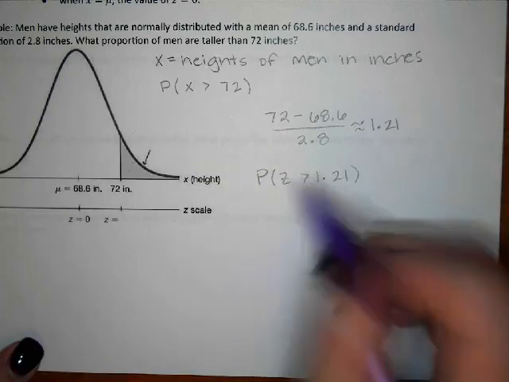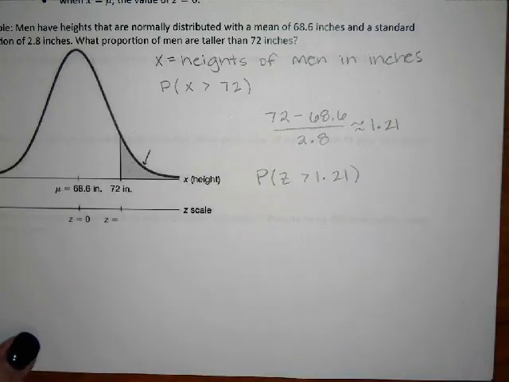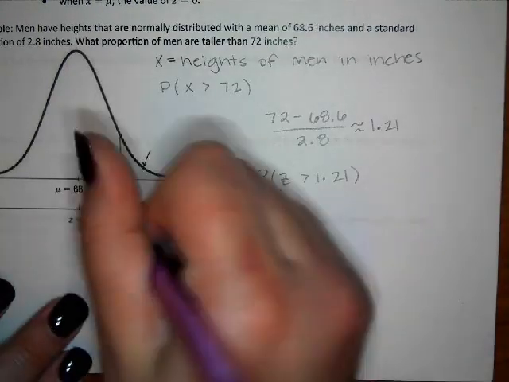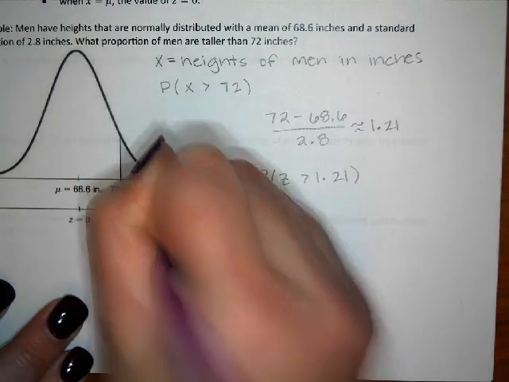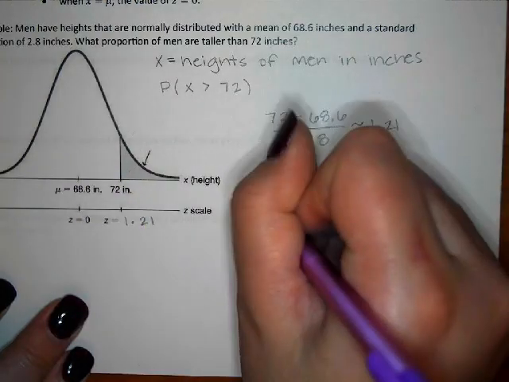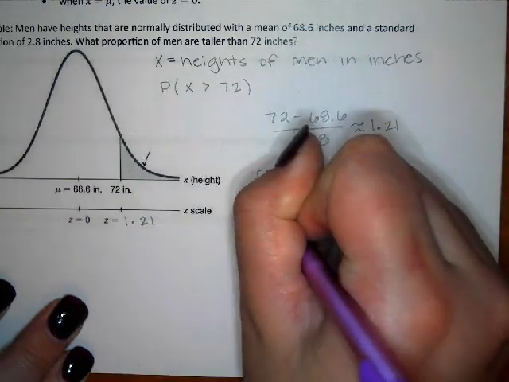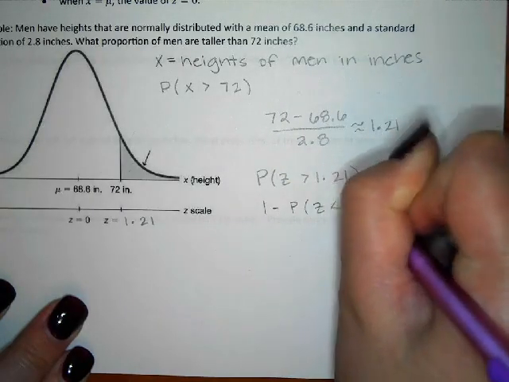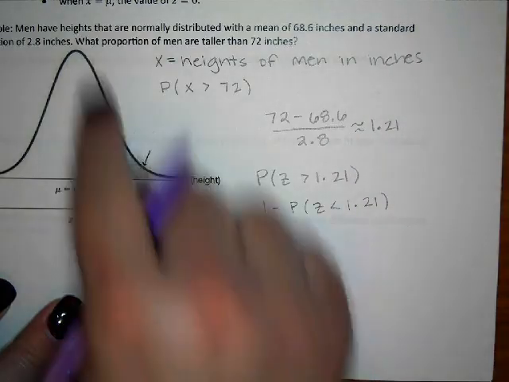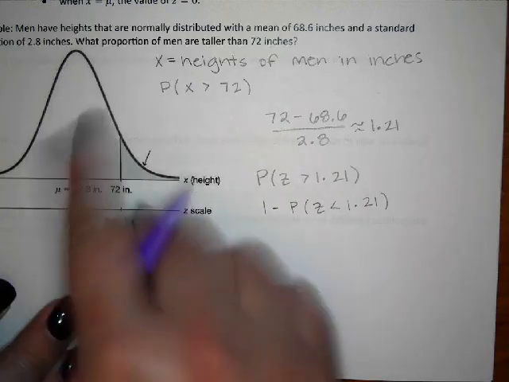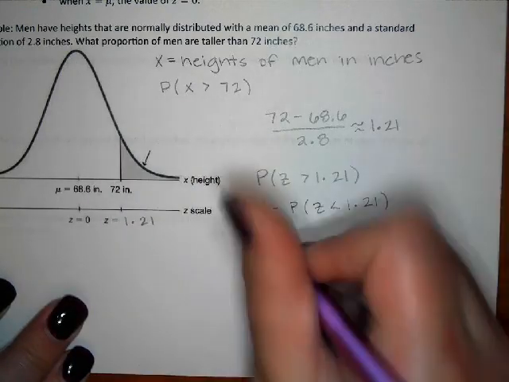So now we remember when we work with this table that the table finds the area to the left, not the area to the right, as we can see in this picture. So I am going to use the z-score of 1.21, but I need to use the area to the left in my computation. So I'm going to find the complement, 1 minus the probability of z is less than 1.21, and so that's the whole area, that's 1 minus the probability of this side over here, and then I'll go ahead and calculate that.